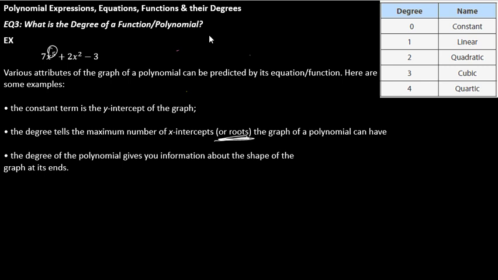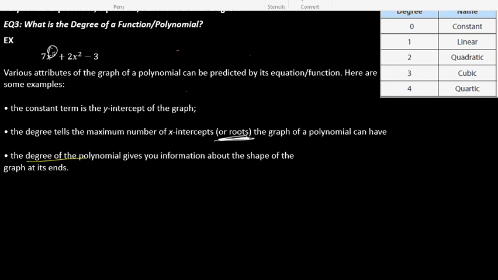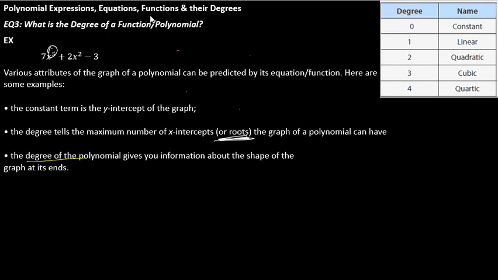All right, so the degree of the polynomial gives you information about the shape of the graph at its ends. And again, if we talk about quadratics and polynomials, both of which we're familiar with now, a quadratic is going to be shaped like a parabola, right? A cubic is going to look something like that.